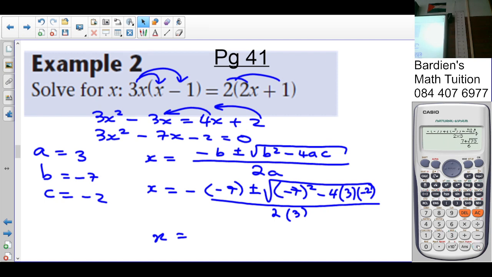It's going to give you 7 plus the square root of 73 over 6. If they ask you for decimal places, did I press standard?